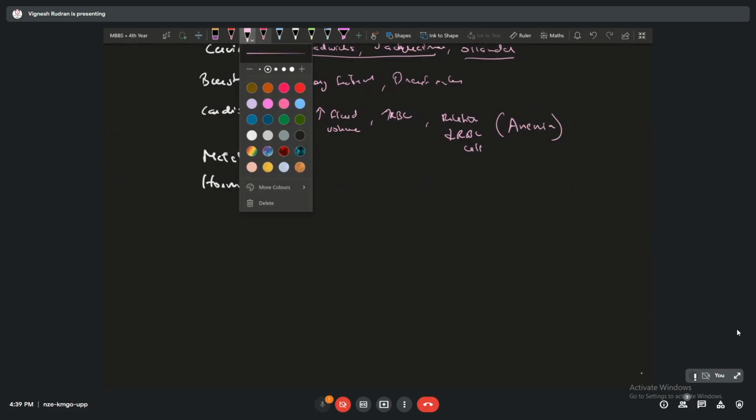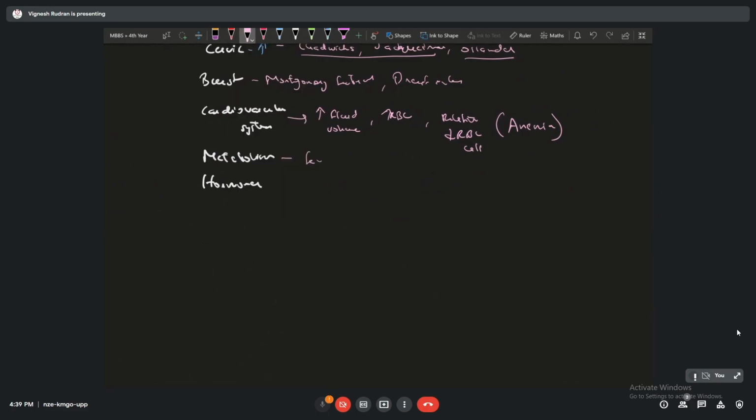And then metabolism. It's going to feed the fetus, so all your glucose and fats are increased in blood. Every process related to increase of glucose and fats in blood is going to take place. Then hormones: you have your progesterone, and then you have beta HCG.